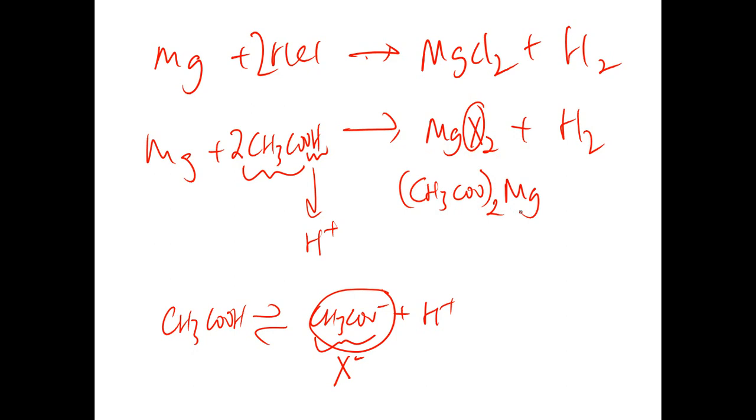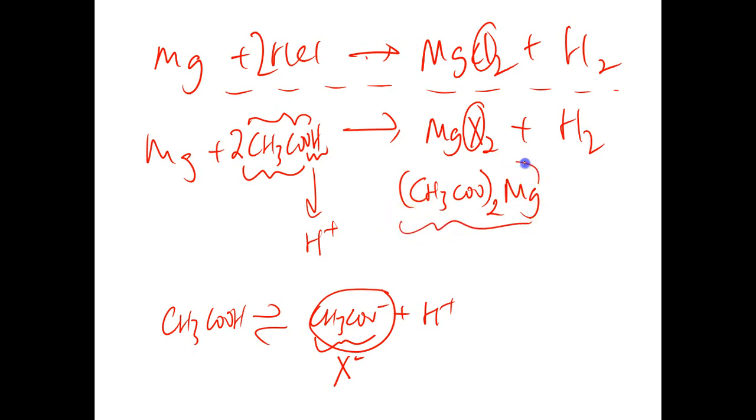So when you write an equation involving a carboxylic acid, in your mind, if you cannot write it out, replace the acid with HCl or HX, write the reaction as per normal, and then convert the ion into the anion from the carboxylic acid molecule. The writing for carboxylic acid equations is a bit different.